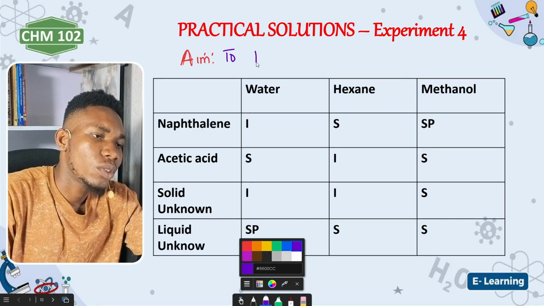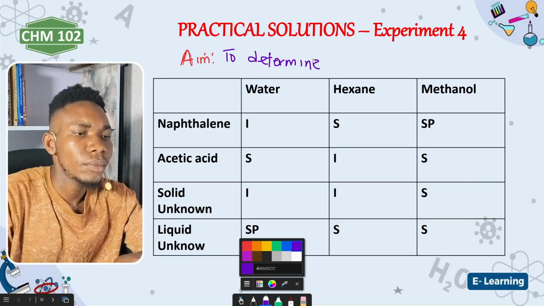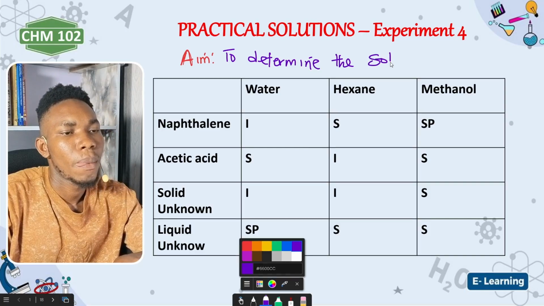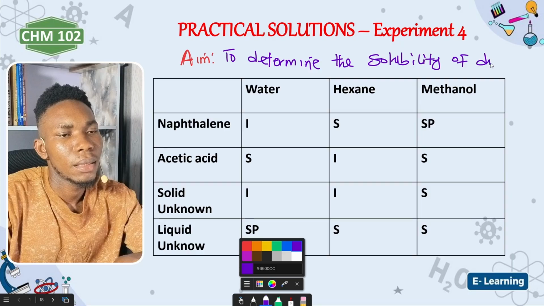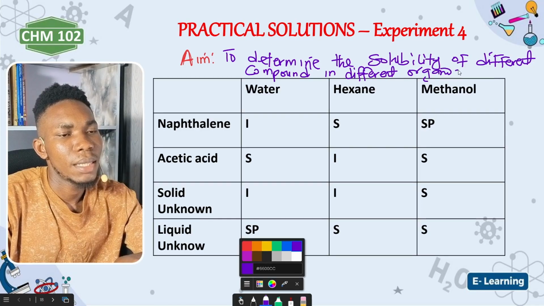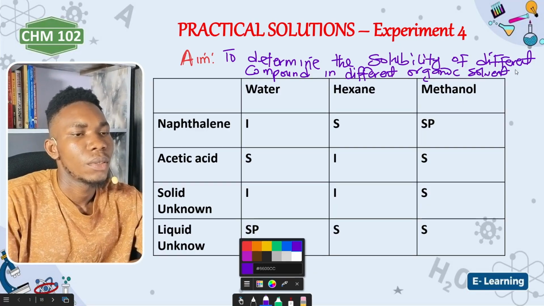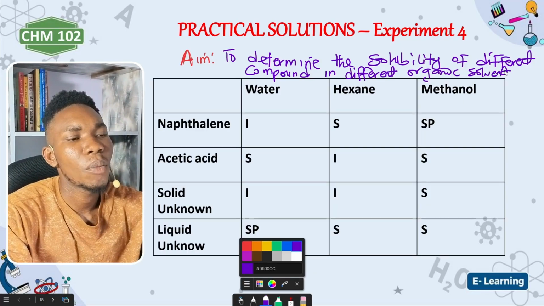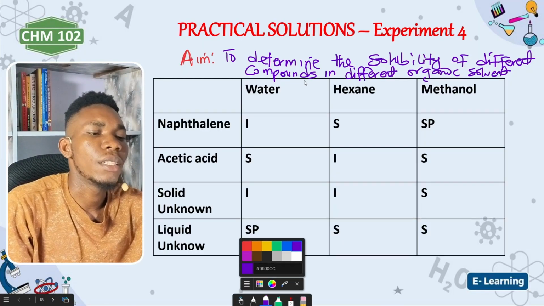To determine the solubility of different compounds in different organic solvents. You can just decide to write it without even waiting for me. We say the aim is to determine the solubility of different compounds, pluralize it, in different organic solvents.